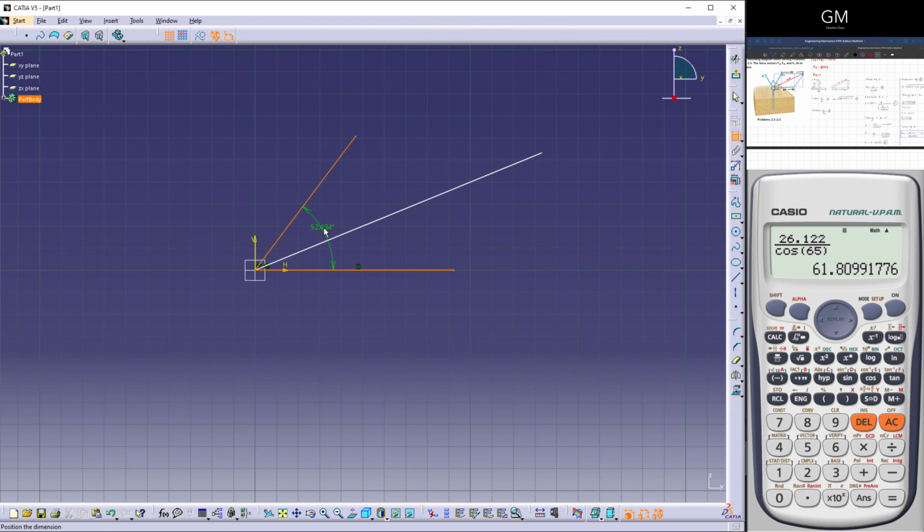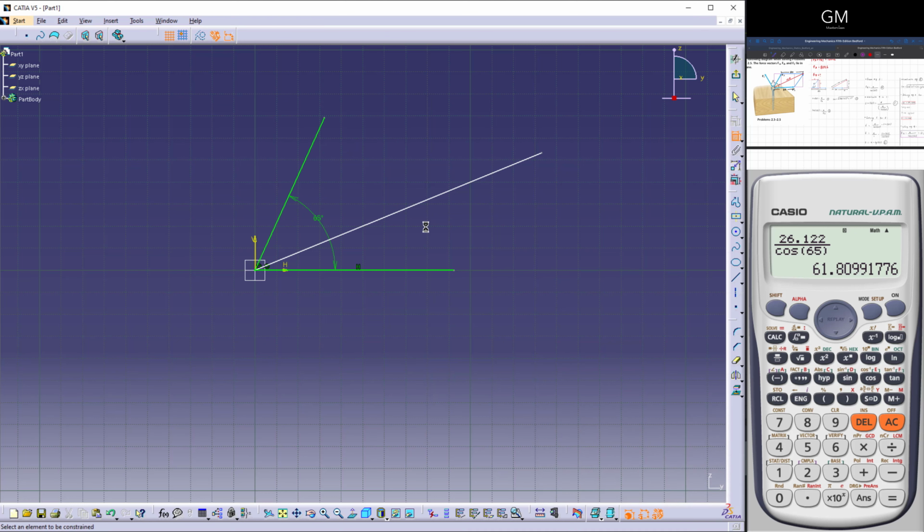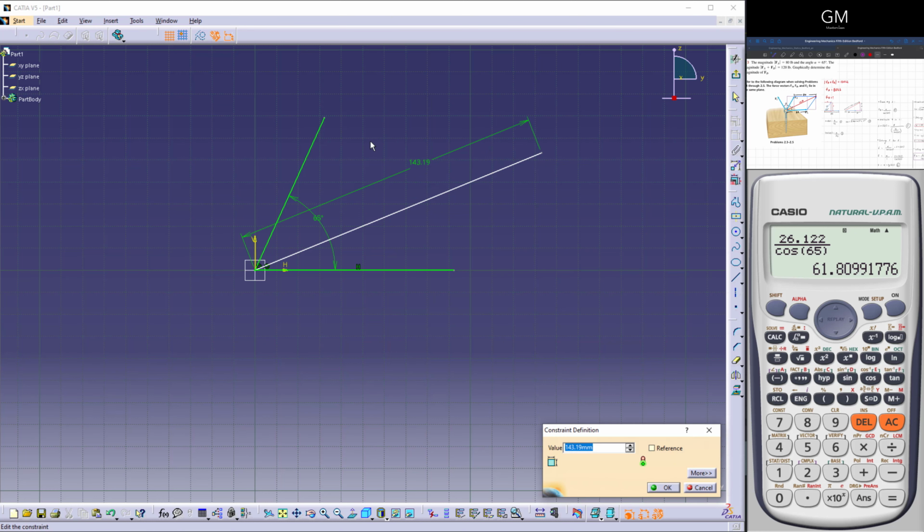I'm going to start doing this. This is equal to 65 degrees, I think. Yep, 65 degrees. Right here I have a measure of a length of 120.